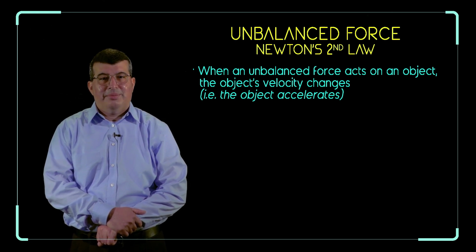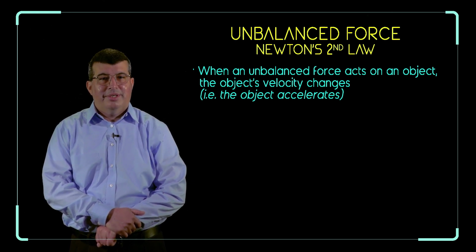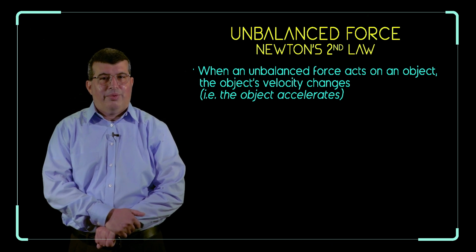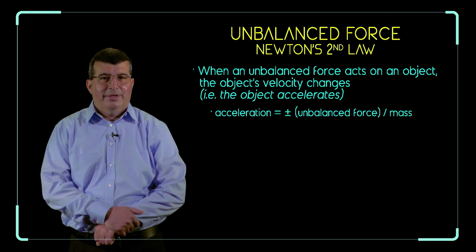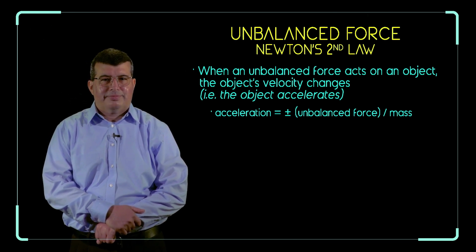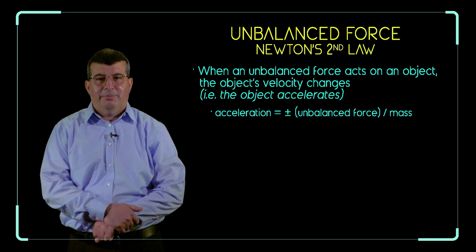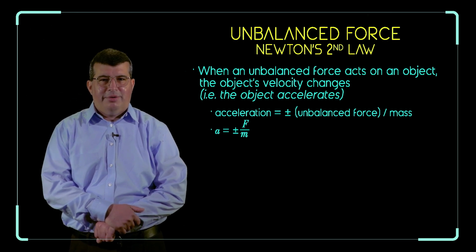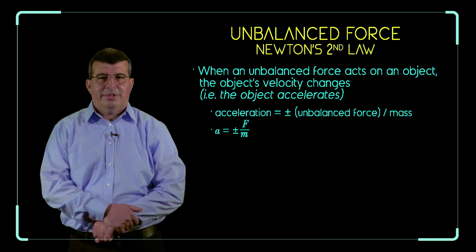That is to say that the object accelerates. And Isaac Newton's second law of motion gives us an equation. It says that the acceleration of an object is equal to plus or minus the unbalanced force on the object, divided by the object's mass. Or, in symbols, a = ±F/m, where a is the acceleration, F is the unbalanced force, and m is the mass.